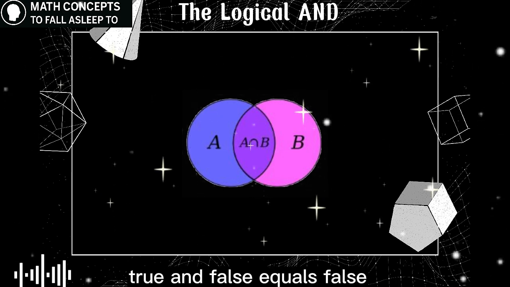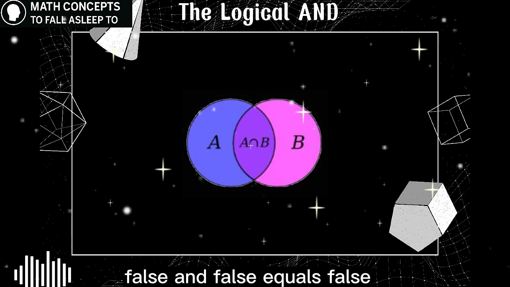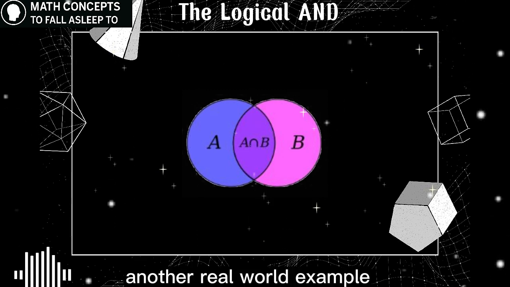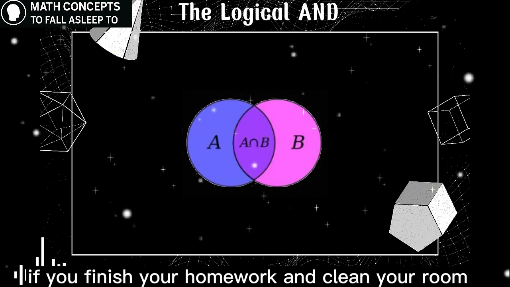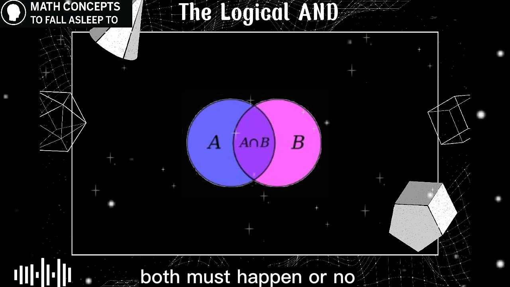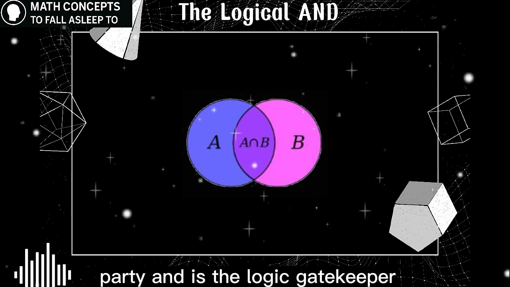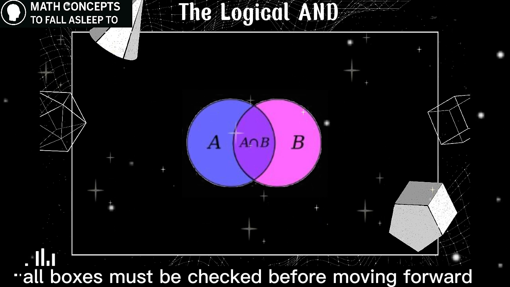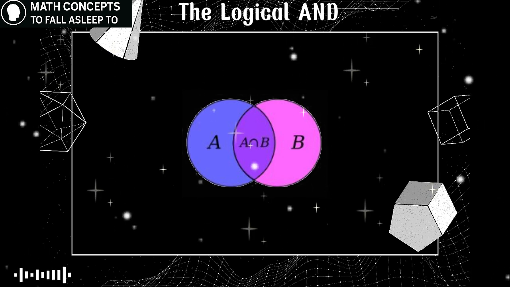True and false equals false. False and false equals false. Another real-world example, you can go to the party if you finish your homework and clean your room. Both must happen, or no party. And is the logic gatekeeper, all boxes must be checked before moving forward.